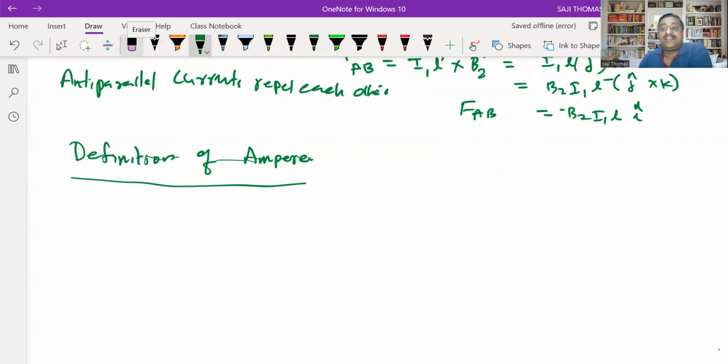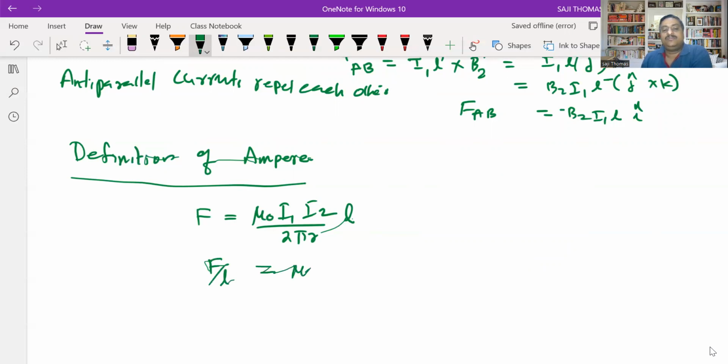Force between two parallel conductors attract if the currents are in the same direction. If they are in opposite direction, they repel. The equation for force between them is mu 0 I1 I2 by 2 pi r into L. Force per unit length is F by L equals mu 0 I1 I2 by 2 pi R.